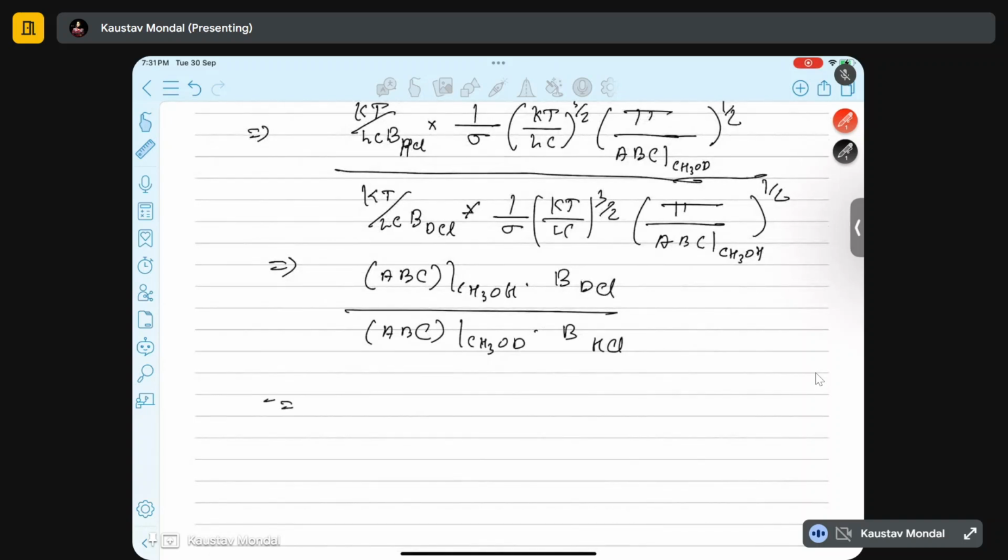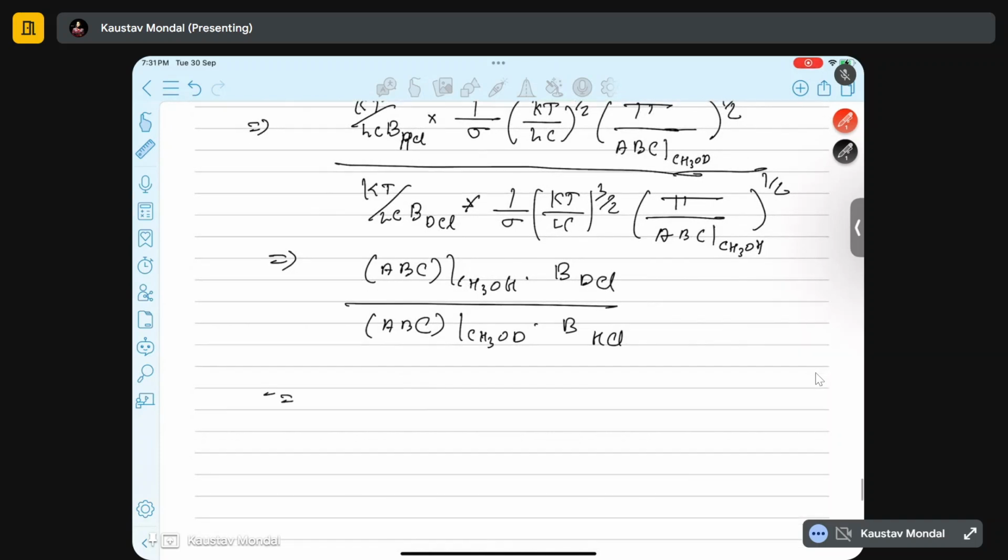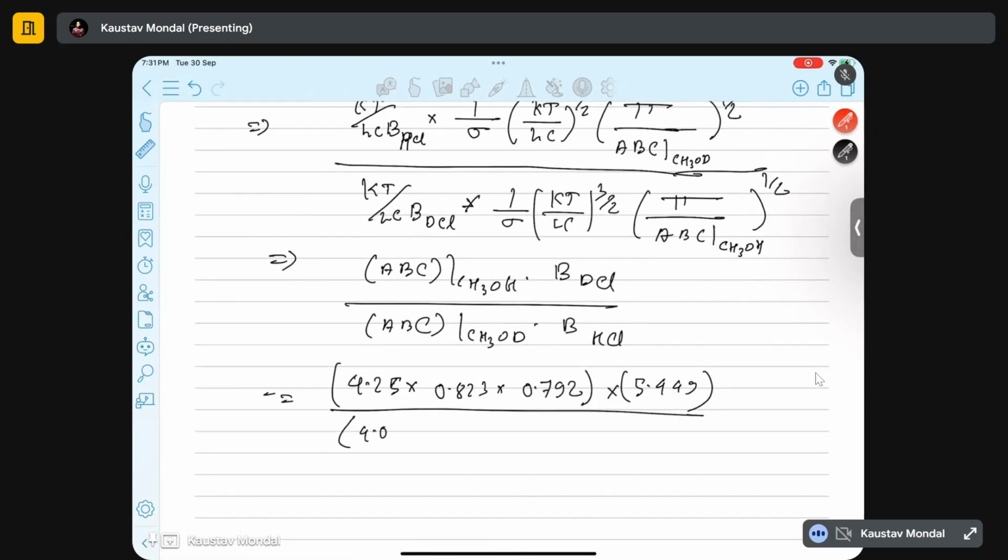So that would be the multiplication of 4 into 25 into 0.823 into 0.792 into B of DCl, 5.449, divided by 4.05 into 0.780 into 0.745 into 10.592.